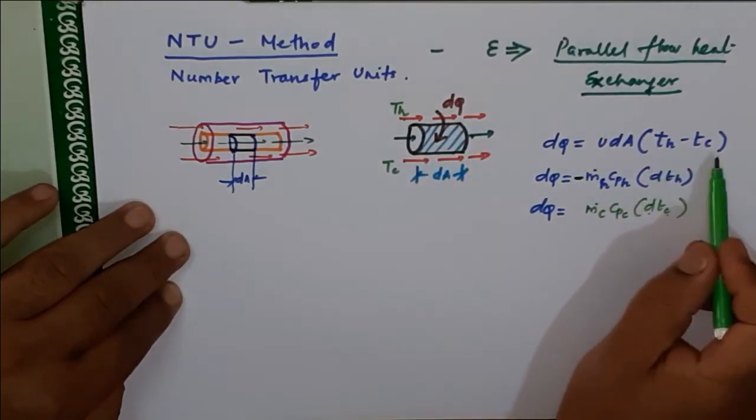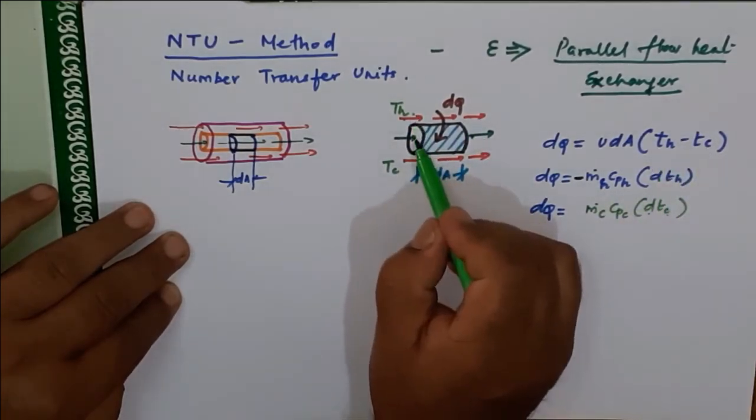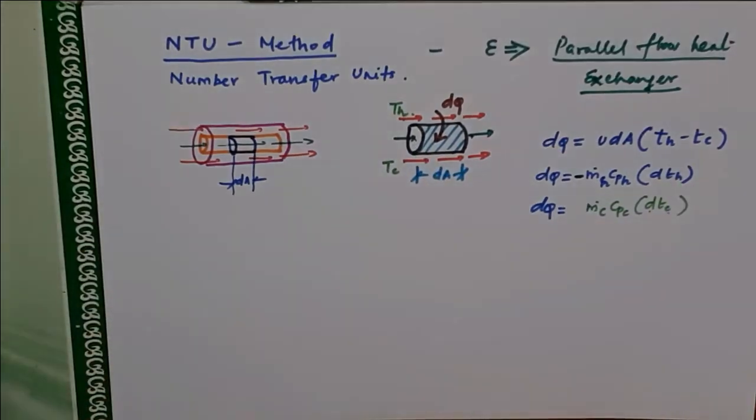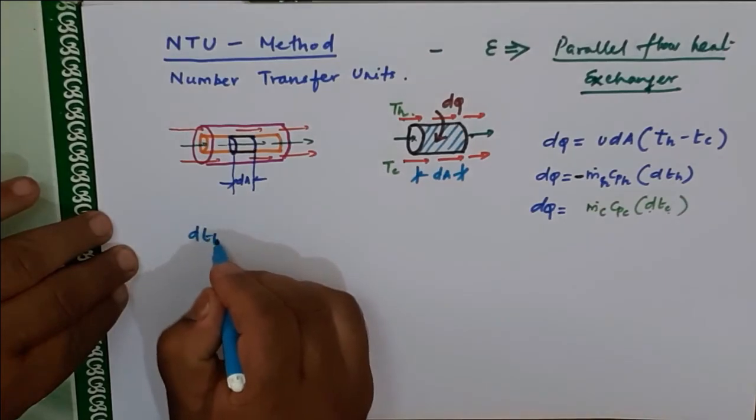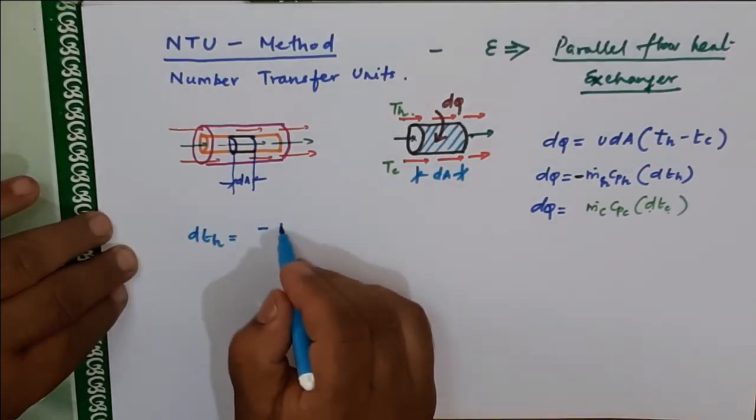Here, what is the temperature difference? The temperature between hot fluid and cold fluid. From this expression, we can write dTH is equal to minus dQ.